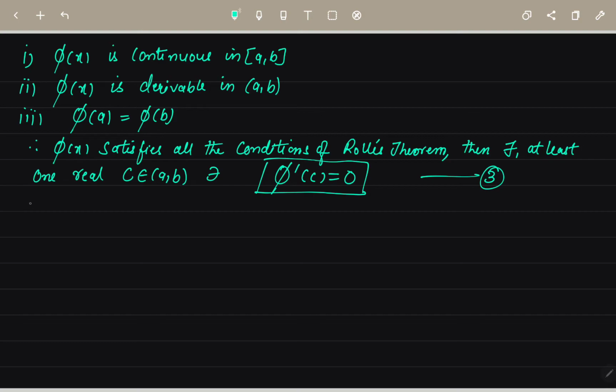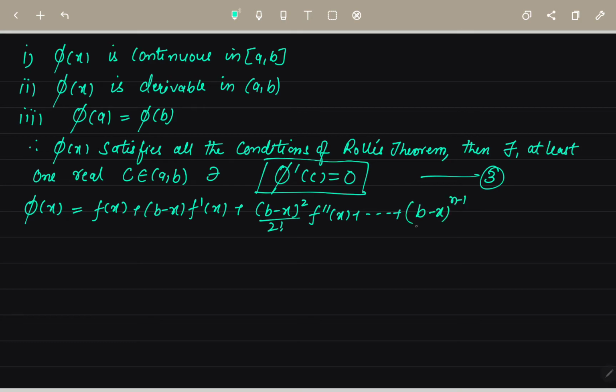We know that phi of x is f of x plus (b minus x) into f dash x plus (b minus x) square divided by 2 factorial f double dash x, plus so on up to (b minus x) raised to power n minus 1 divided by n minus 1 factorial into the n minus 1th derivative of f at x, and the last term is (b minus x) raised to power n divided by n factorial into a. So now I will differentiate this equation.